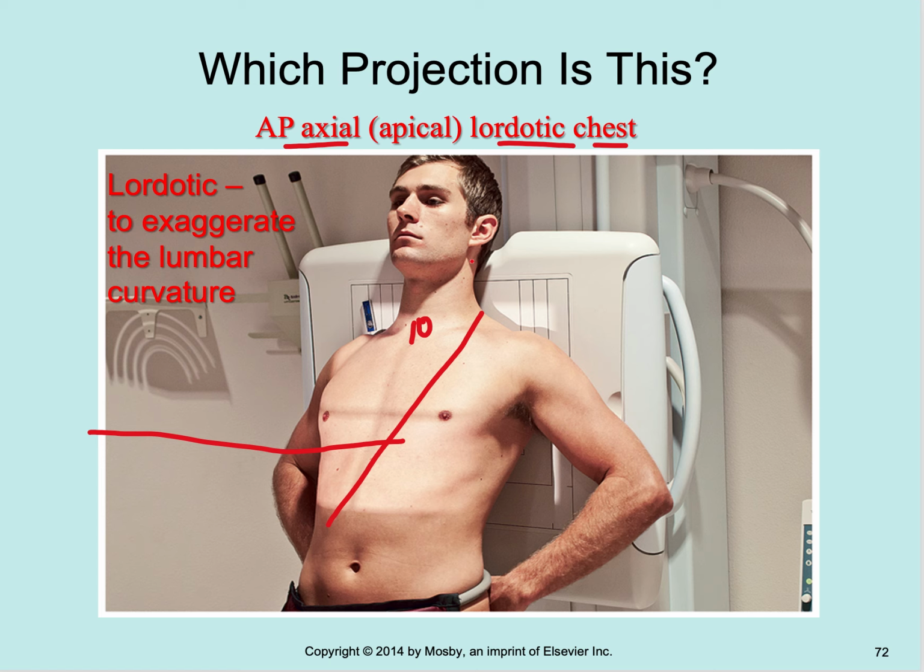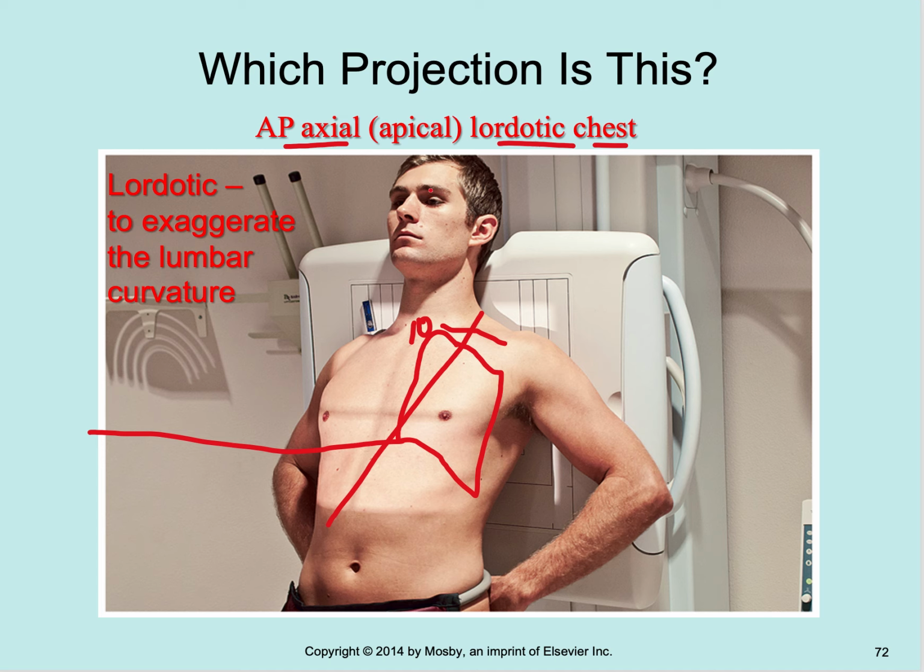So this is an AP axial lordotic chest, and it is used to exaggerate the lordotic curvature. It's also used to move your clavicles above the apices of your lungs, so you don't have the overlay of the clavicle in the apices of the lung.